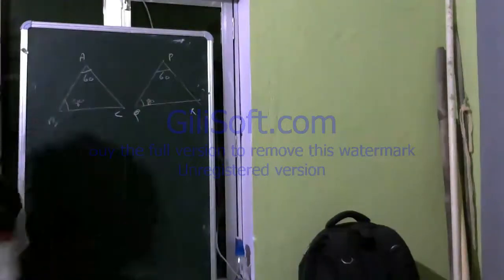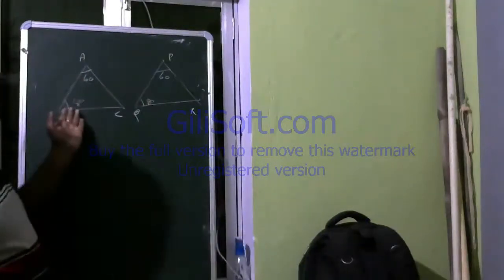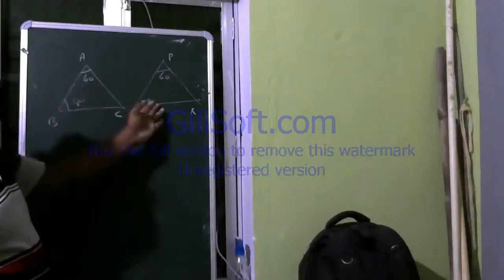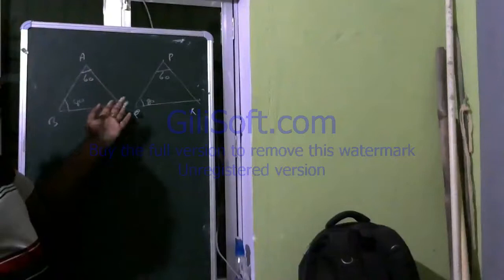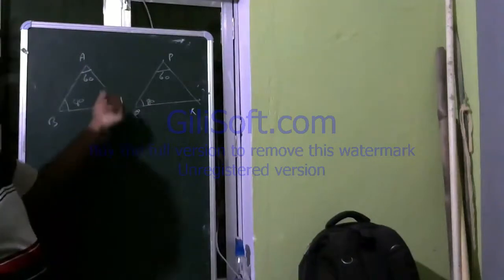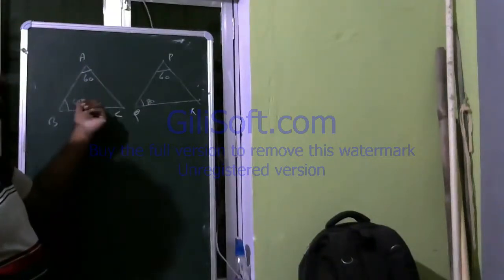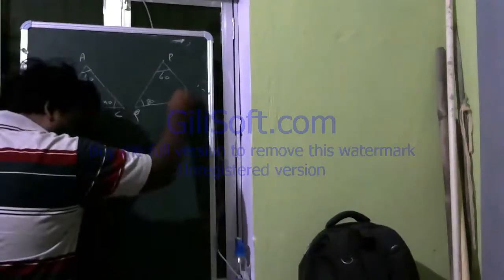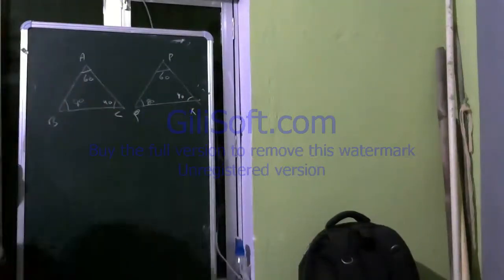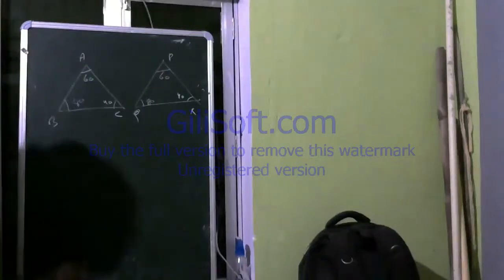If two angles are given, 60, 60, 80, 80, there is no need to give the third angle also. Automatically you can calculate: 60 plus 80 is 140, so it must be equal to 40 degree, and this is also 40 degree, because we know that the sum of all angles in any triangle is equal to 180.